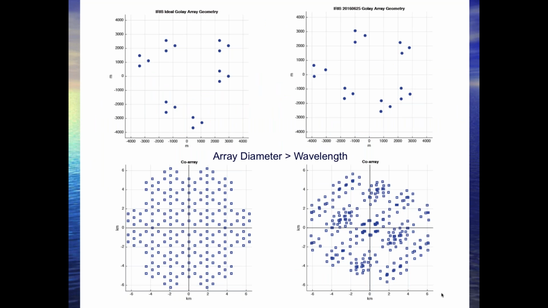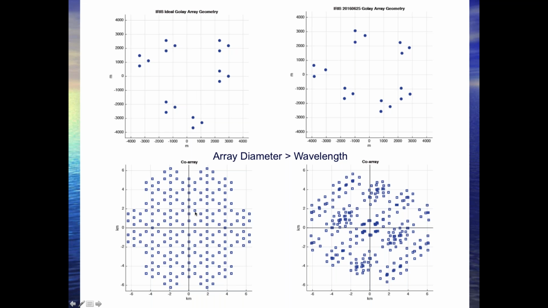So let me talk about what I consider the broadband phased array part. This is the GOLA 3x6 array geometry. On your left here is the ideal geometry that was designed by Fred Folwell a number of years ago, which is kind of unusual. If we look at the geometry, it looks like a very sparse array made of these tripartite subarrays.